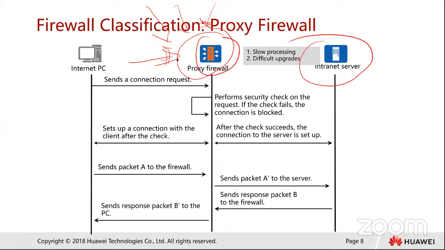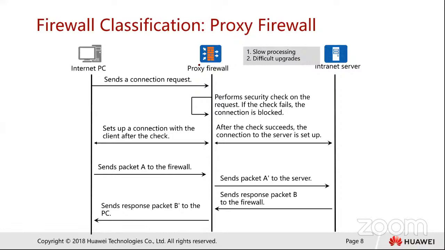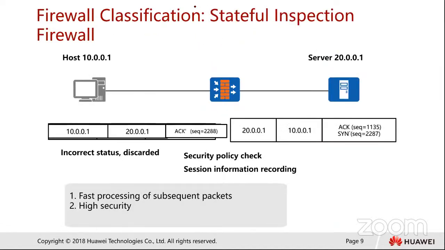Don't you think this guy will run out of resources and will be unavailable anymore, and then we shall have our denial of service attack? So an application layer proxy must be developed for each protocol, and the development period really takes long. And there's also some kind of performance bottleneck.